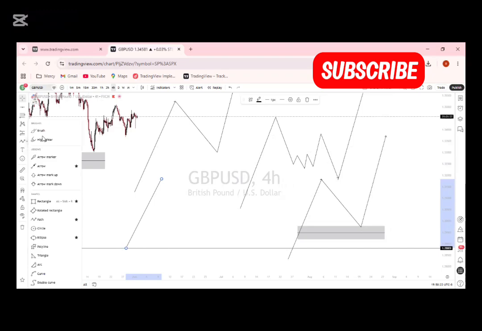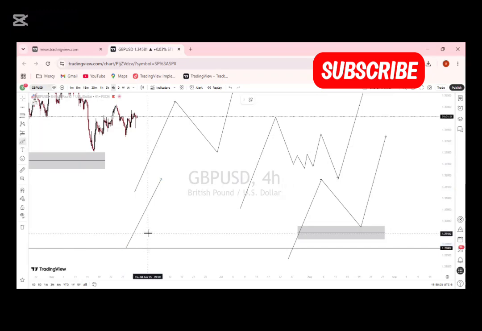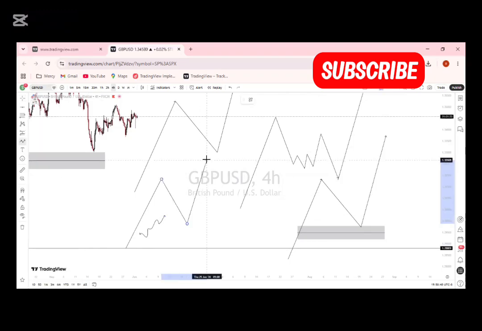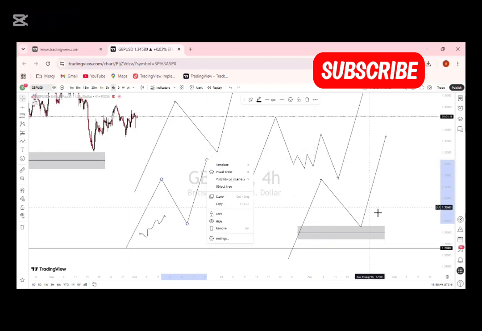So what price does is, let's say all these areas over here are imbalanced zones, price is going to return to create sufficiency. Institutions will return to create sufficiency before they move the market in the original direction.